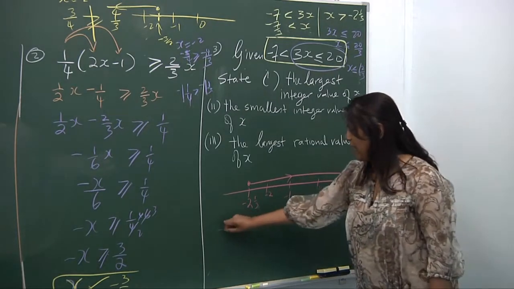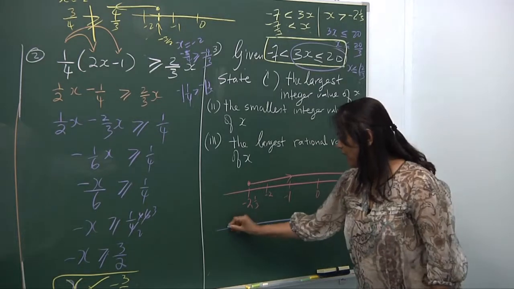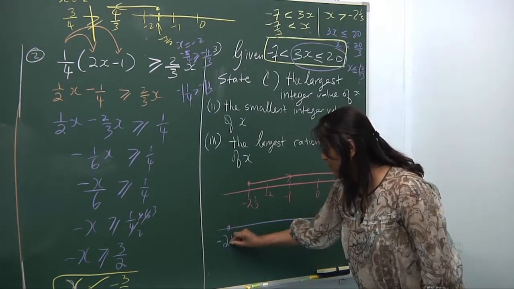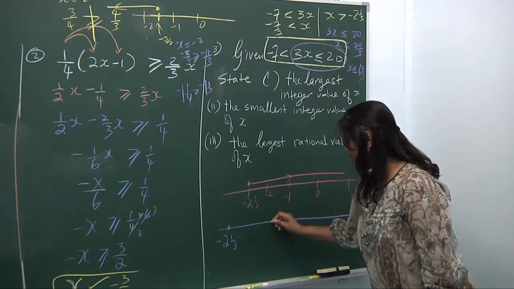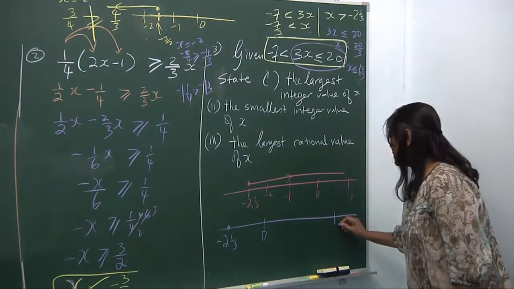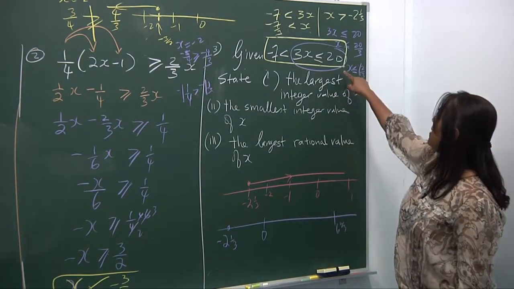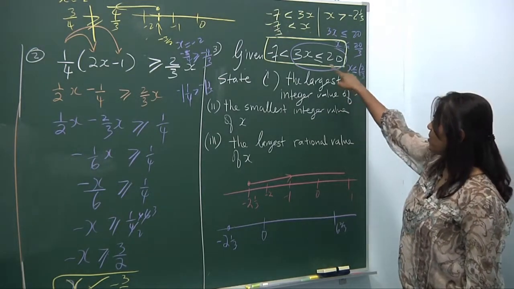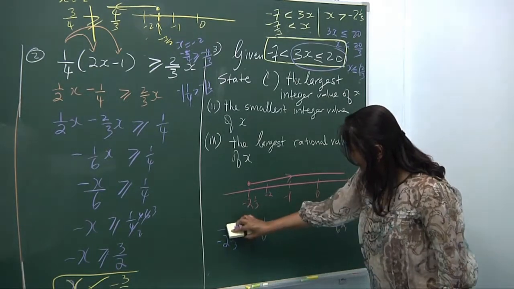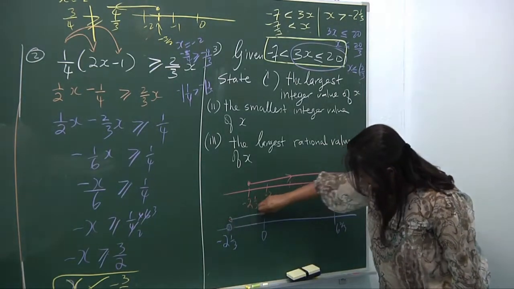If I draw a line, because I don't have 6 and 2/3 here, x is minus 2 and 1/3 at this point, here I put a 0, and here I have 6 and 2/3. Here there is no equal, so we just mark that point as not included from this point onwards.